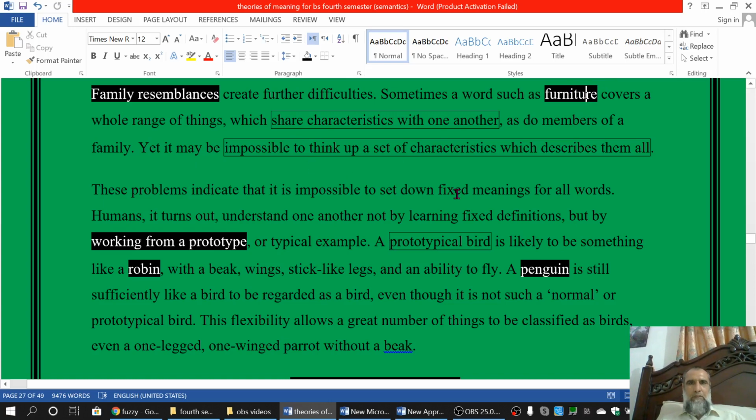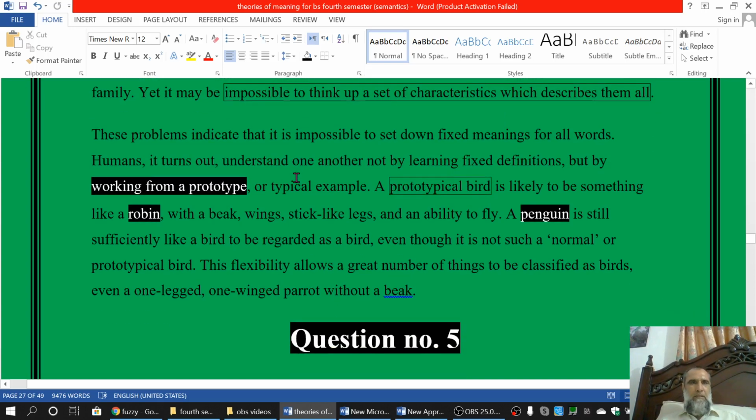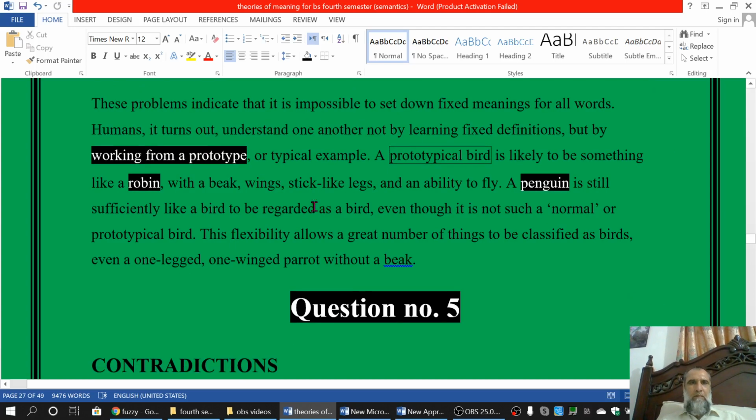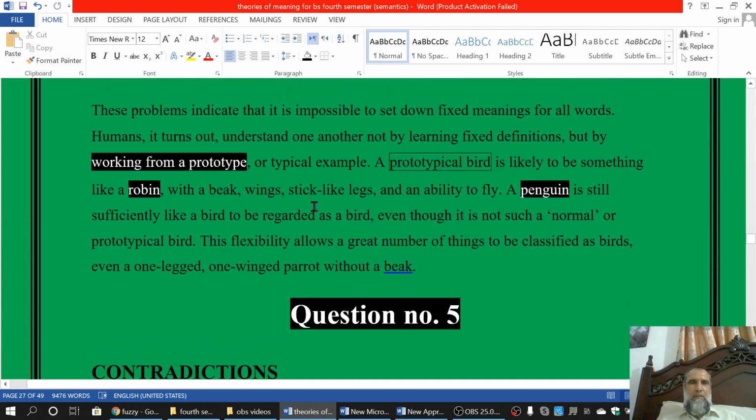Yet it may be impossible to think of a set of characteristics which describes them all. These problems indicate, इन प्रॉब्लम से पता चलता है that it is impossible to set down fixed meanings for all words. तमाम अल्फाज के लिए हम फिक्स्ड मीनिंग्स नहीं बना सकते.